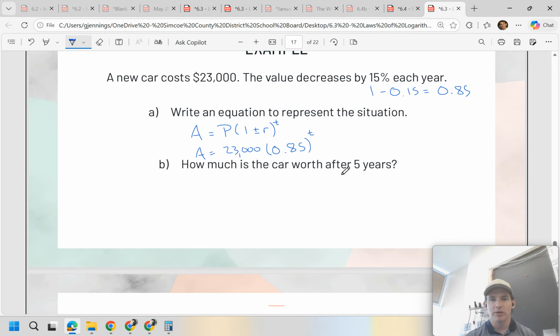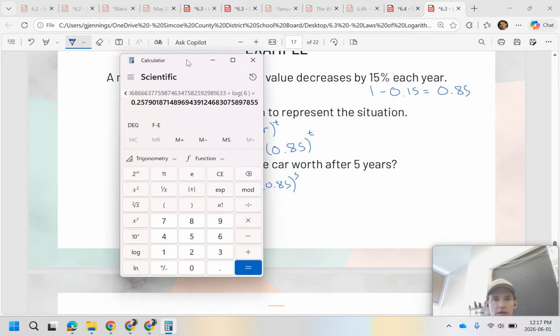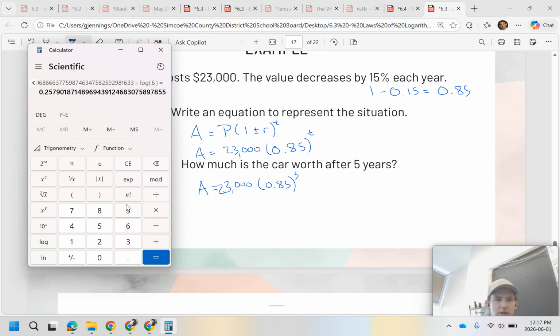Okay. Now we want to know how much it will be worth in 5 years. So A, the amount it's going to be, is 23,000 times 0.85 to the 5, and then you just punch it. You can punch it in a number of ways. I would probably do it in Bedmas order, because it doesn't matter what order I multiply these things.